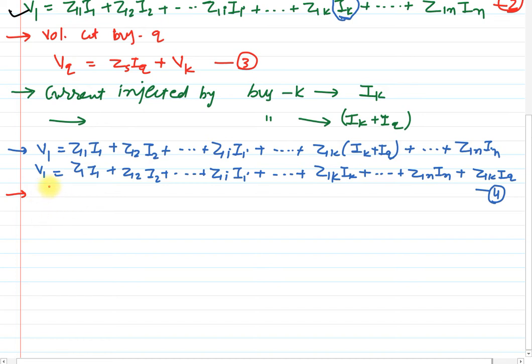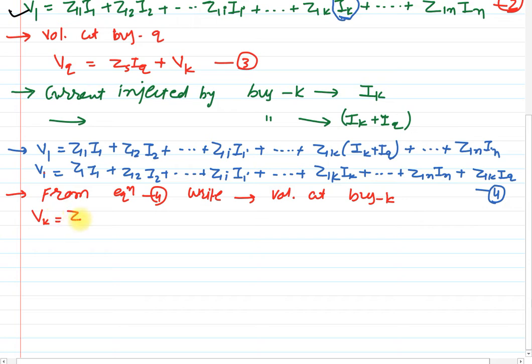We'll write from equation number 4, write down the equation for voltage at bus number k. Clear? So I can write voltage at bus number k. Same way, we just need to replace the 1 by k.